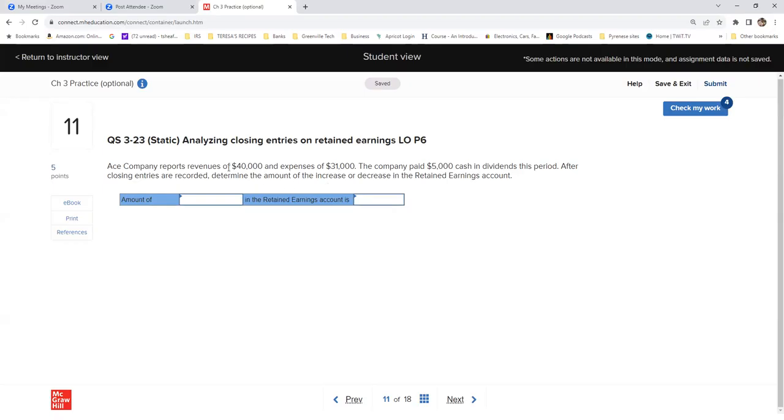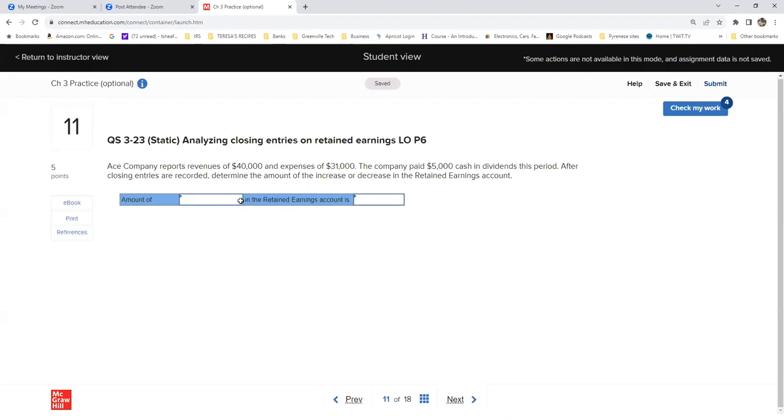So with revenues of $40,000 and expenses of $31,000, that means you had $9,000 of net income. If you paid out $5,000 in dividends, that left you with $4,000 as your increase in retained earnings.